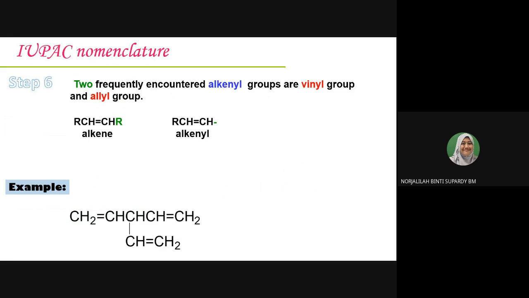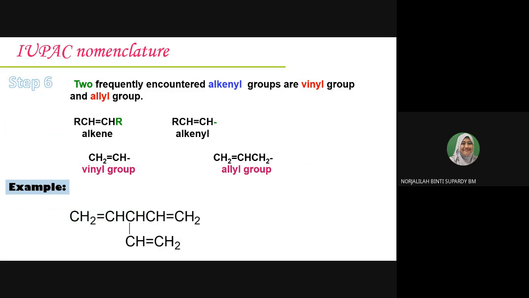Vinyl consists of 2 carbon atoms and allyl consists of 3 carbon atoms of the substituent. So vinyl is an alkene of 2 carbons as a substituent, and allyl is an alkene of 3 carbons as a substituent.